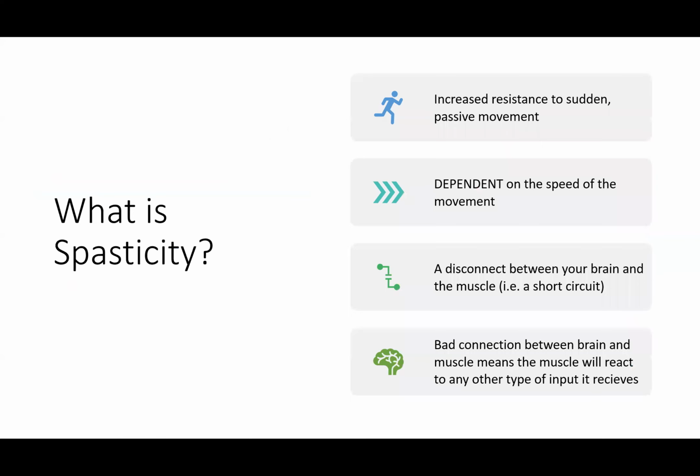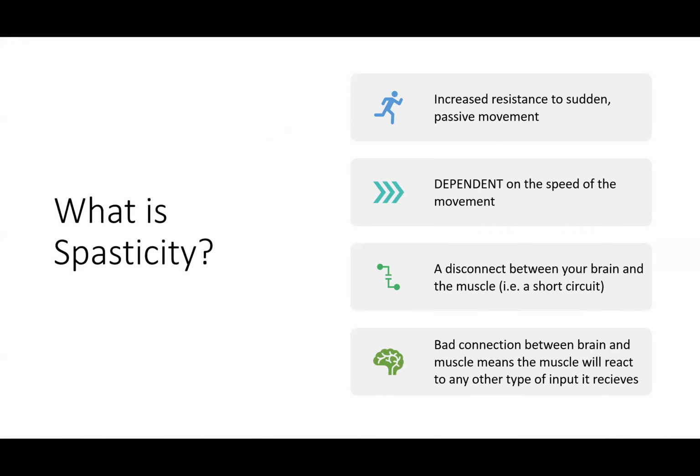But yeah, so what is spasticity? Spasticity is essentially a combination of hypertonicity, so too much tone, so our muscles are too resistant to movement and stretch, and also the reflexes in our muscles that are telling them to turn on or off being too active.